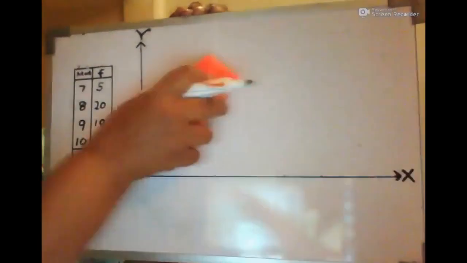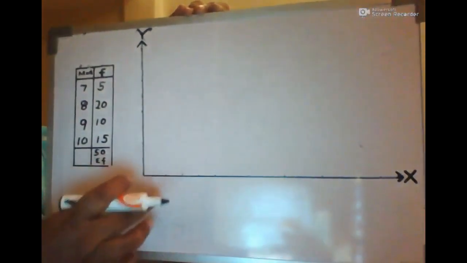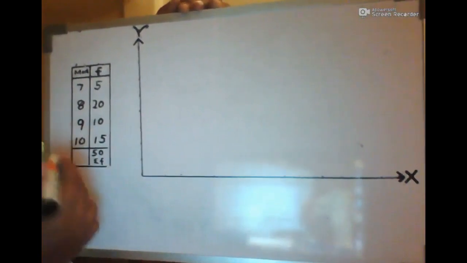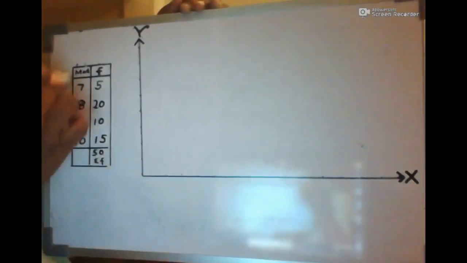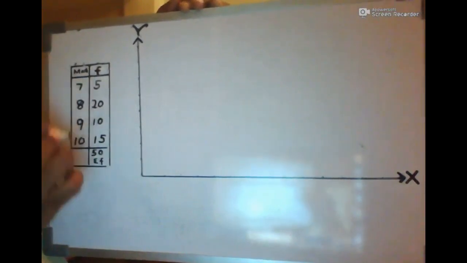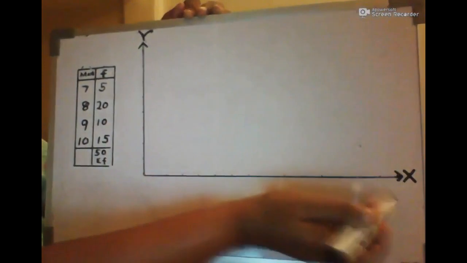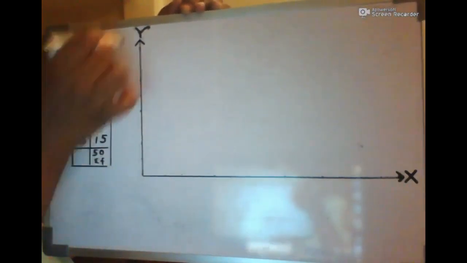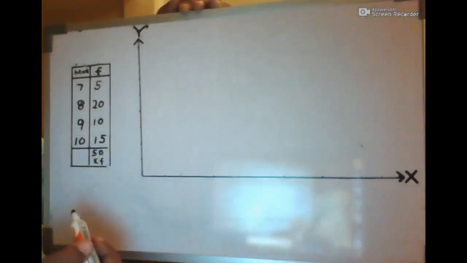Now on the x-axis usually we take the independent variable, but here we have marks and number of students, so we take the marks. Always we take the marks on the x-axis, the horizontal line, and we take the number of students on the y-axis, the vertical line.